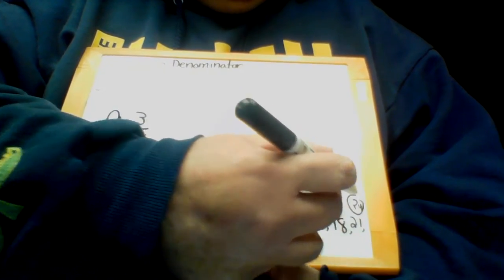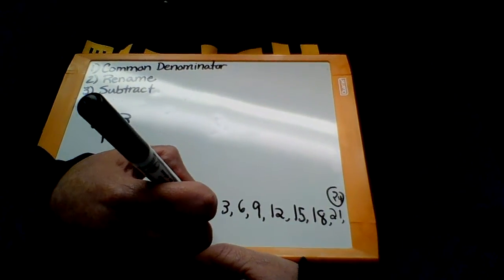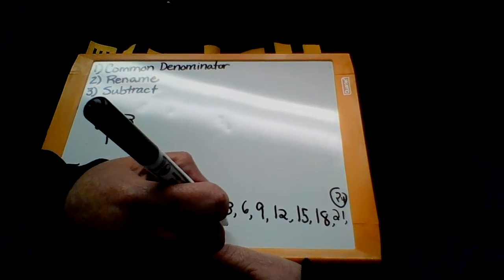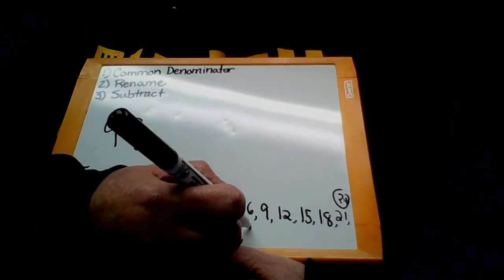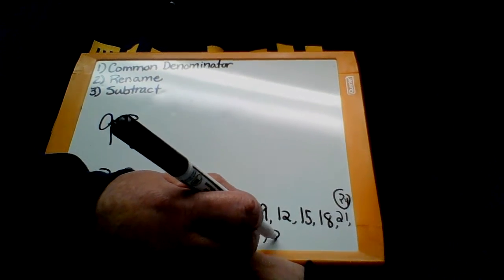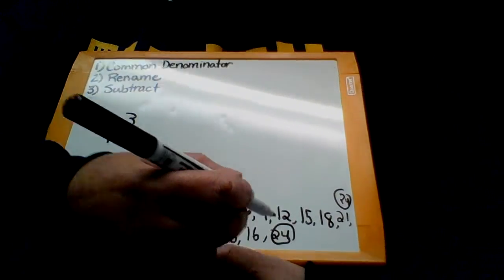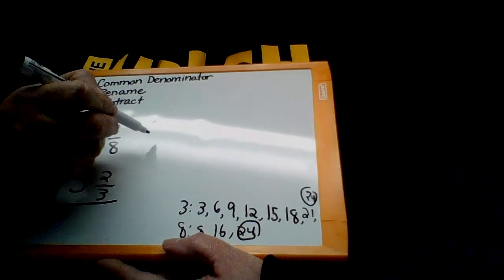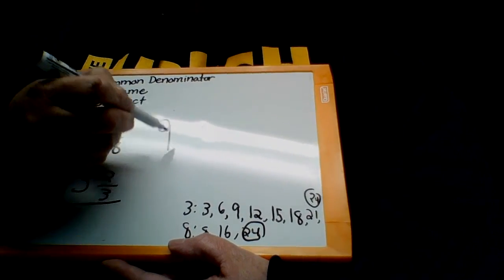I went out that far because I already know when I get out there that 24 is it. 8 times 2 is 16, 8 times 3 is 24. There's our common denominator.